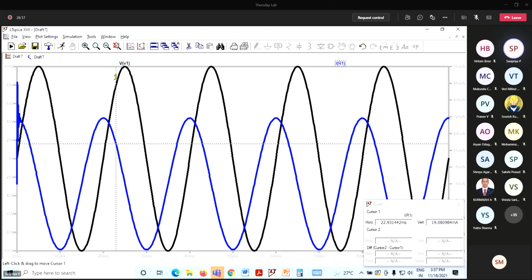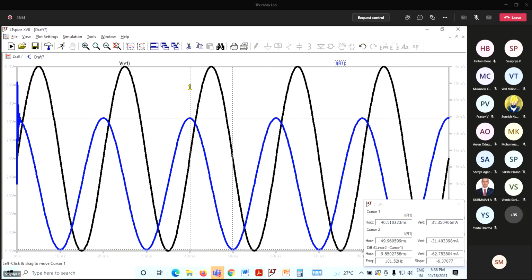See, this is my cursor 1 for the black color one. See, this is my 0.